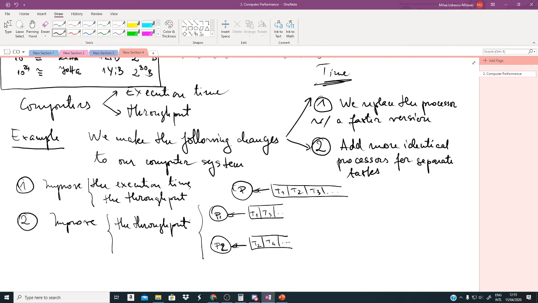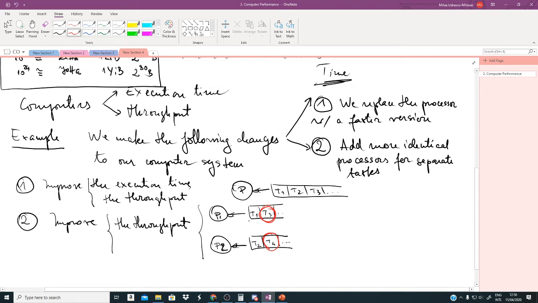Why? Because let's take T3, for example, or T4. What is the execution time of T3? It's not the execution time for T3 and that's it. It is actually the execution time of T1 plus the execution time of T3. Why? Because T3 will have to wait after the execution of T1.